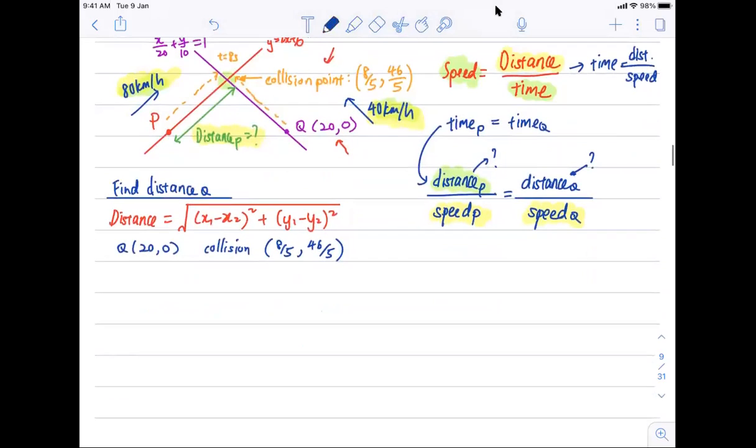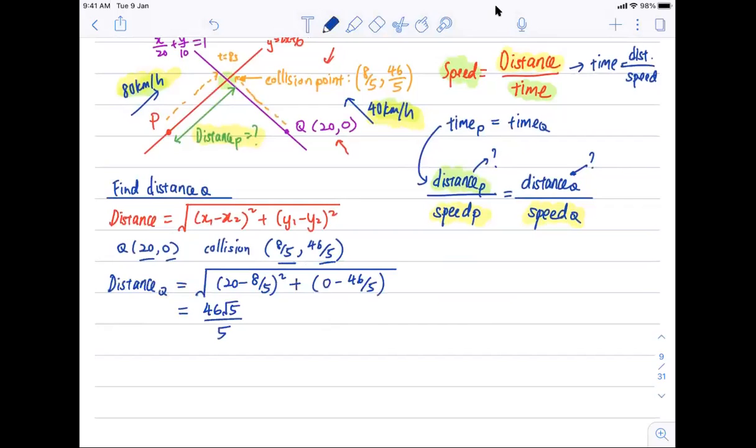So the distance Q is the square root of (20 minus 805) squared plus (0 minus 4605) squared. We type in the calculator, we get 46.5 over 5. Okay, so now we already have distance Q.